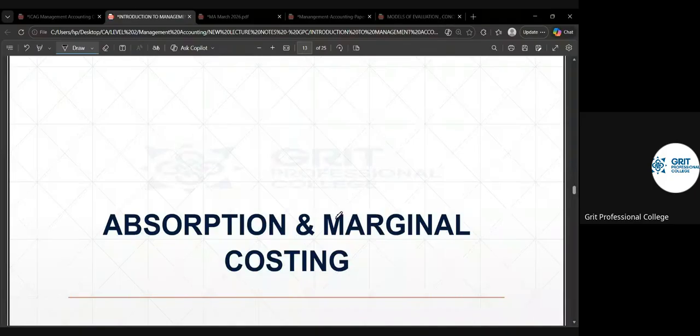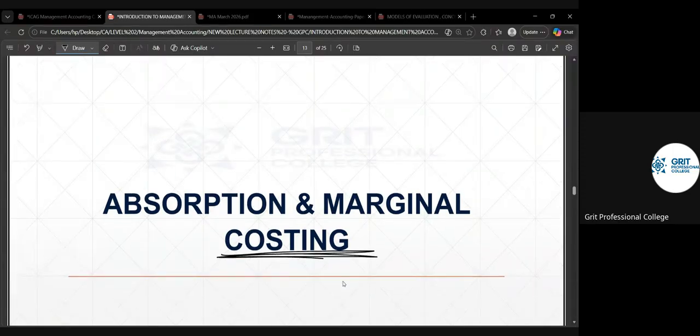We have these two approaches or ways of arriving at the cost of a company's product or service. We have what we call the absorption costing approach, and then we have what we call the marginal costing approach.